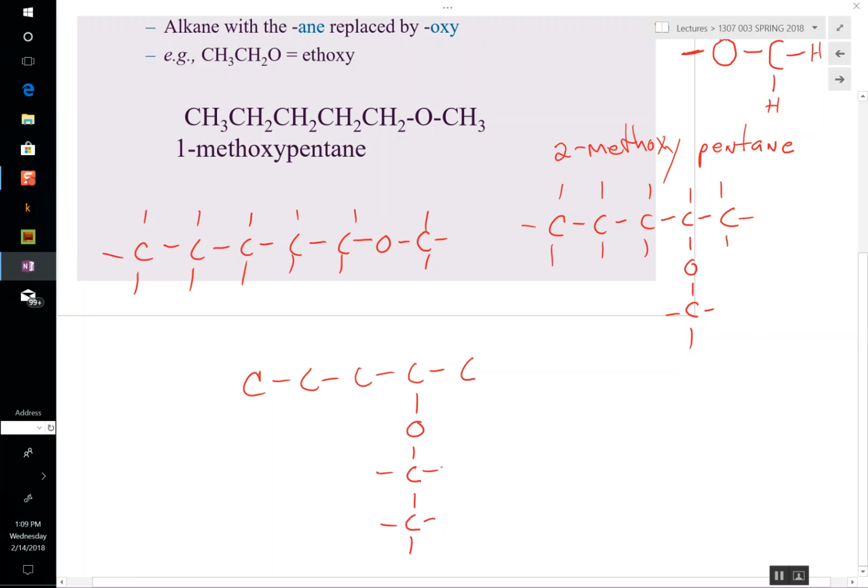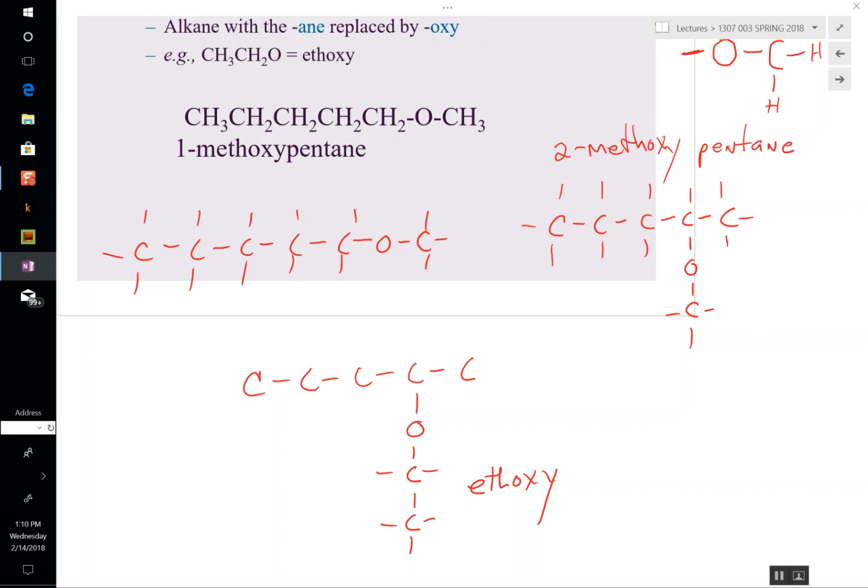All right, if we're going to call that methoxy, what would we call that? Ethoxy. It's not dimethyl. Okay? Then you got an ethyl and an oxygen, ethoxy.